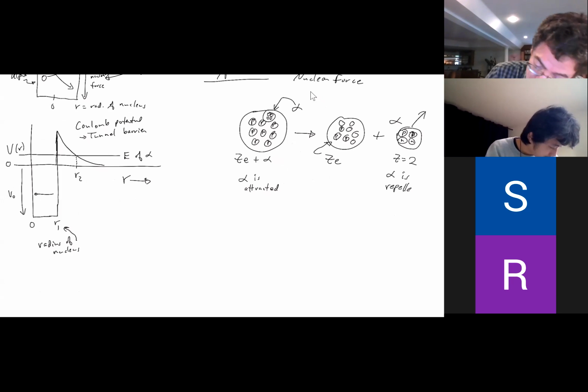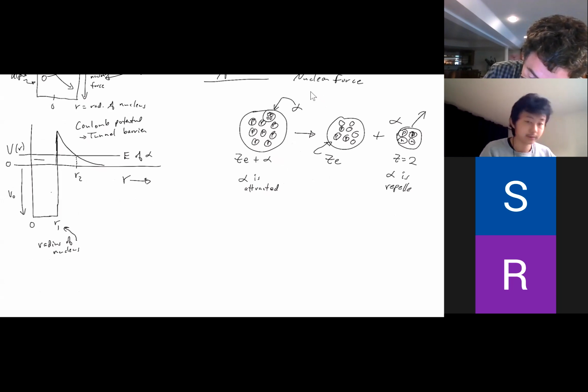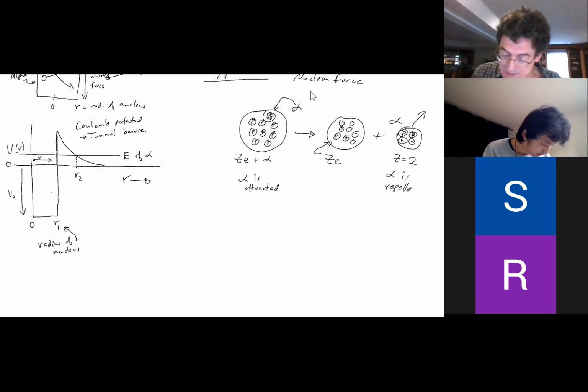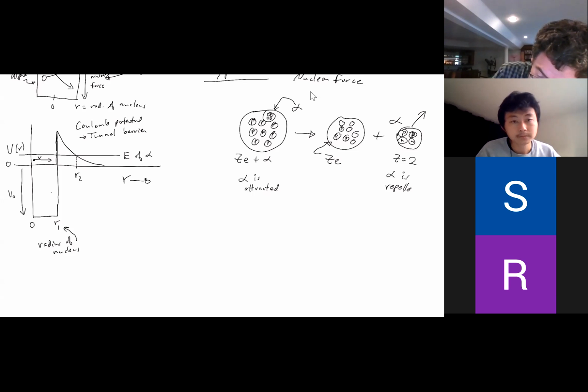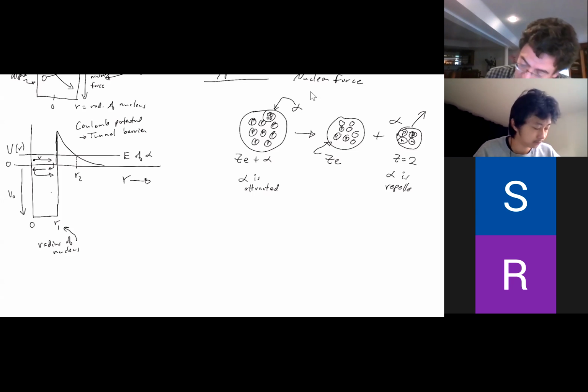And so the way to think about it is that the particle has some velocity, v, and so it's bouncing around inside, back and forth, and so the particle bounces.